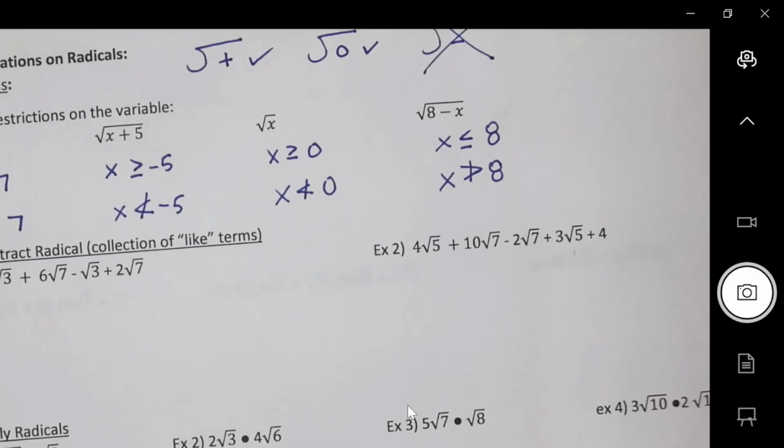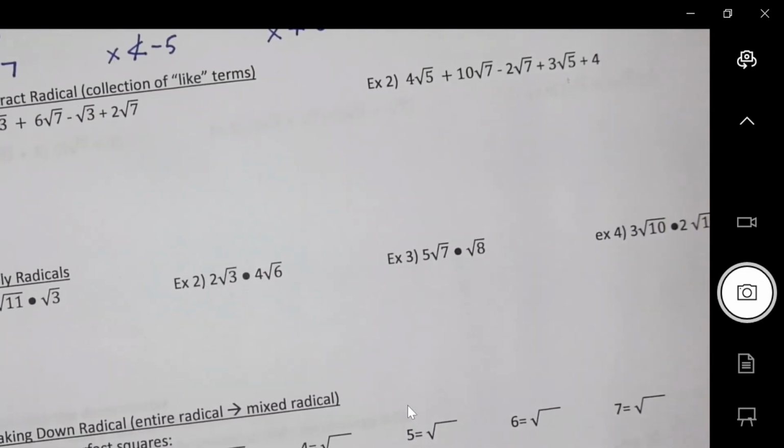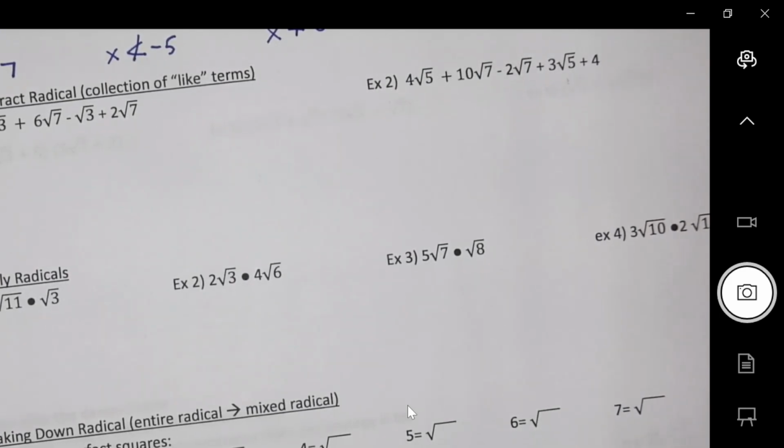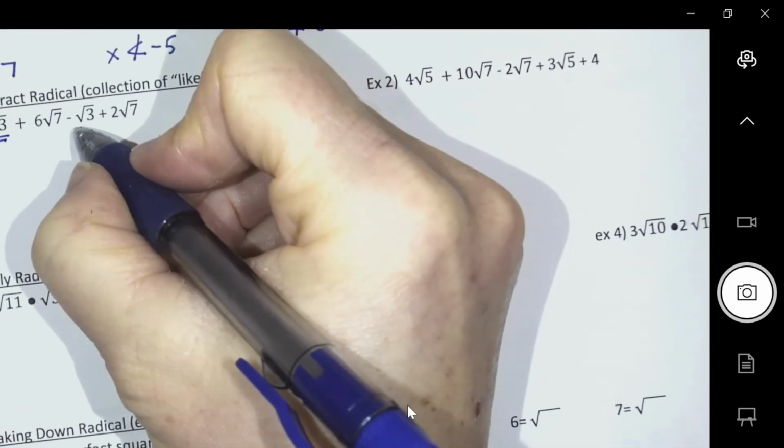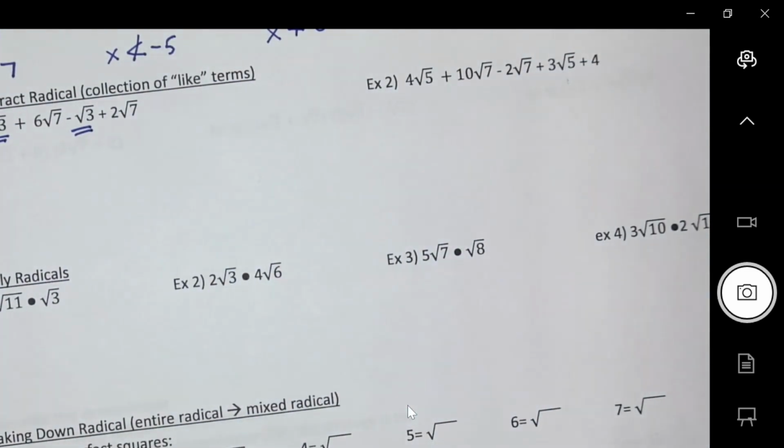Okay, adding and subtracting radicals. You can only group together radicals when they are like each other. Just like algebra, we can only add x terms with other x terms, right? They're like each other. So here, I can put those together because they're root 3's.